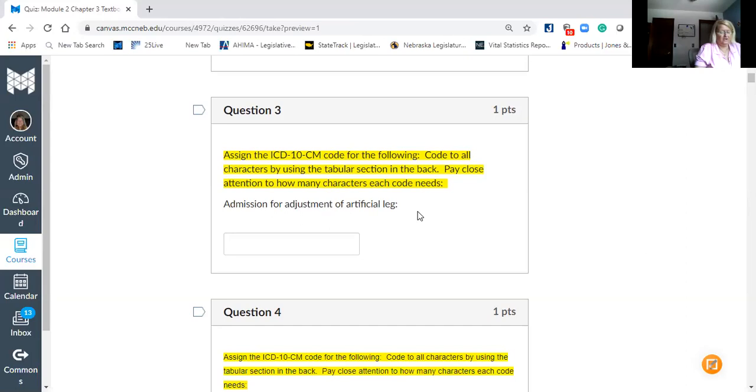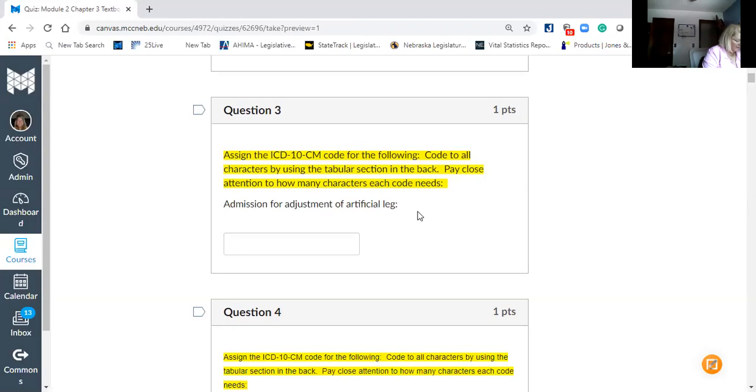Z44.10, and we're going to go way back to the back of the book. The Z's are at the very back, in the red section, clear back. Z44.10. I have mine on page 1228. Z44.1 has 5 characters. It says, encounter for fitting and adjusting the artificial leg.